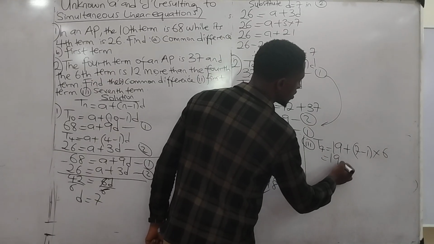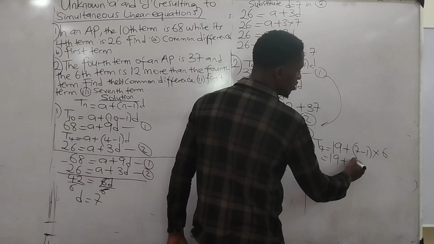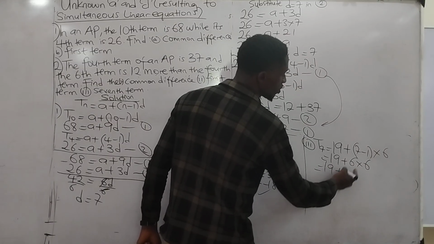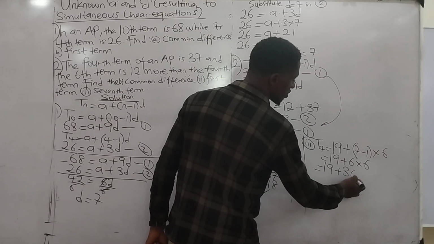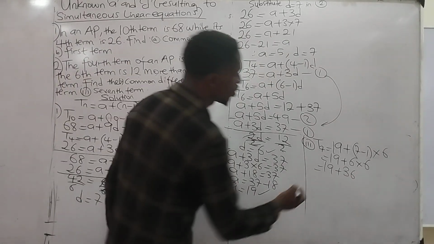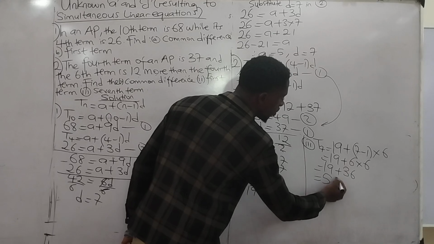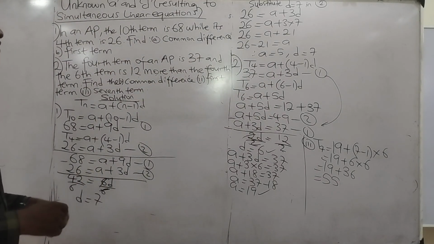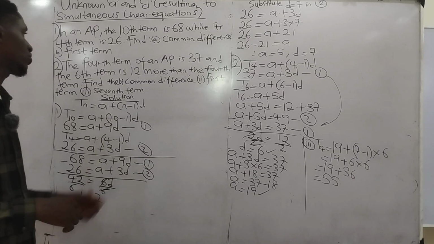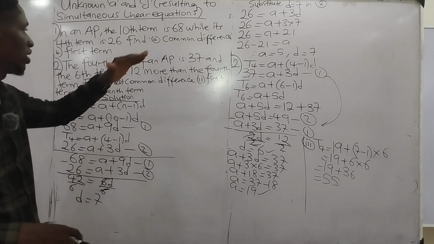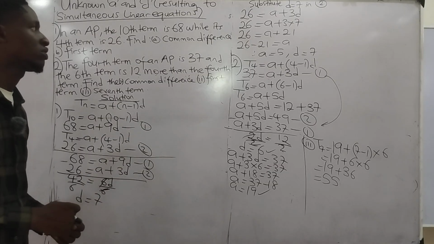So I have 19 plus 7 minus 1 is 6, times 6. 19 plus 36 gives us 55. So our seventh term is 55, and that is the final answer. At this point, we have been able to get our common difference, the first term and the seventh term.